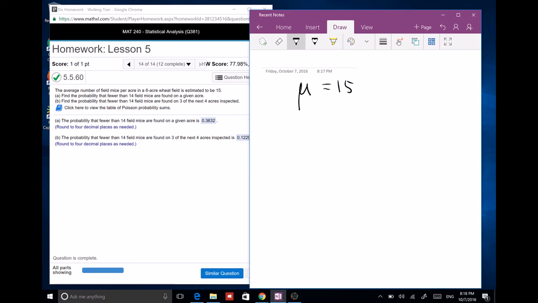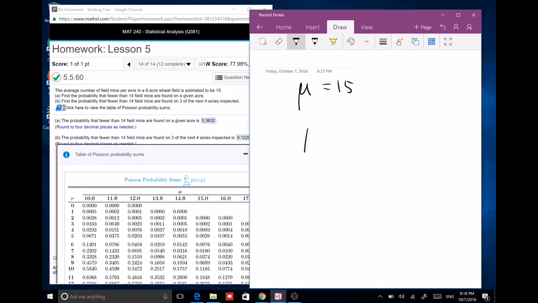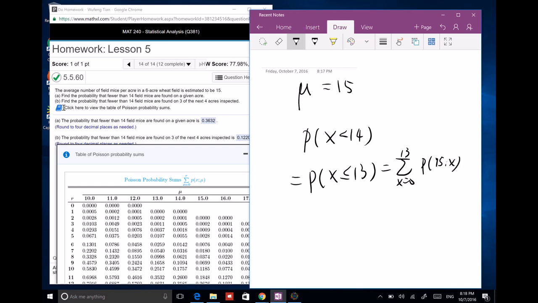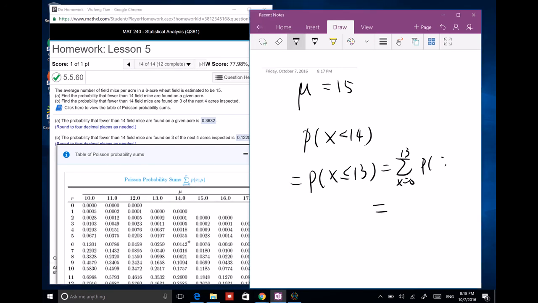So fewer than 14 means P(X < 14), which is P(X ≤ 13), from X equals 0 to 13. The 15 is the mu, the parameter.